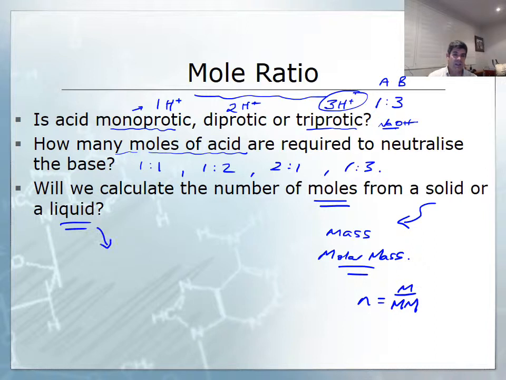And if it's a liquid, then we're looking for concentration. The relationship is that concentration is the number of moles divided by the volume. So it depends whether we're looking at a solid or a liquid as to how we're going to calculate our values for the number of moles.